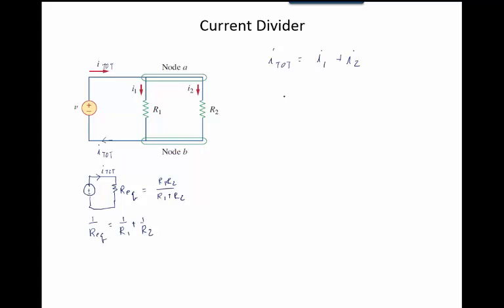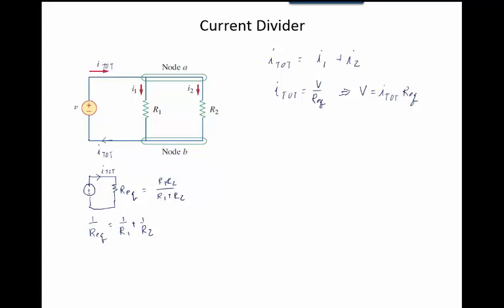So we can find out what I total is from this relationship. I total equals V over R equivalent, or V equals I total R equivalent. So we know that relationship about the circuit right now. So V is right here all along this node.